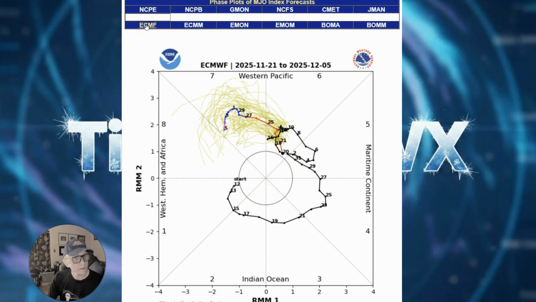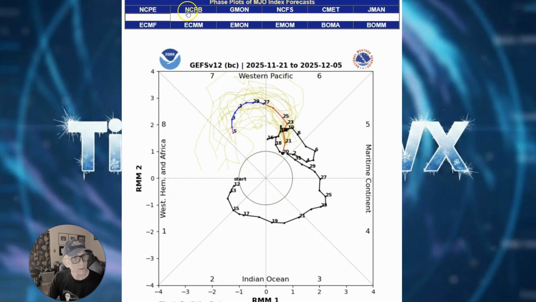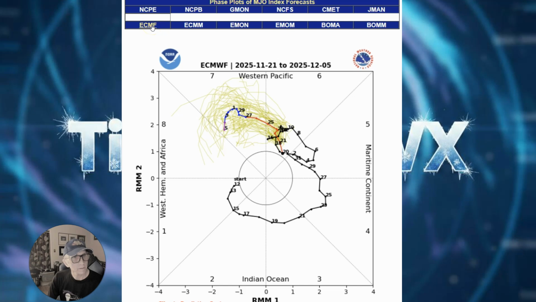European. It's surprising to see the European is in agreement pretty much with where it's going to be compared to the GFS. Yeah. And you can see all the different members, the spaghetti plot here, in yellow, right?